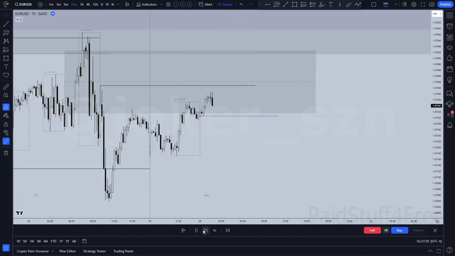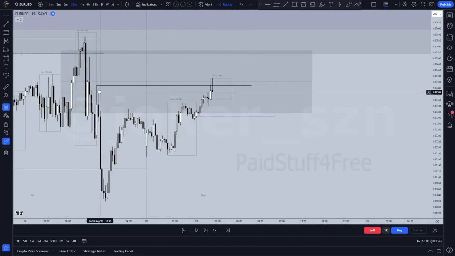So we wait for London open. There we go, and we have taken out now the buy side right here, and now we want to see if we can get a shift in order flow right here to confirm the short idea, right?